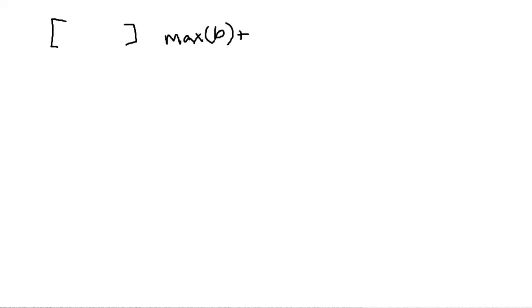Plus the k value, which, just in case you forgot, is the number of consecutive white flowers. And then we're going to want to add 1. I'll explain why we add this 1 in a second. So for max b and k, we know there is only one way to eat one flower, no matter what.